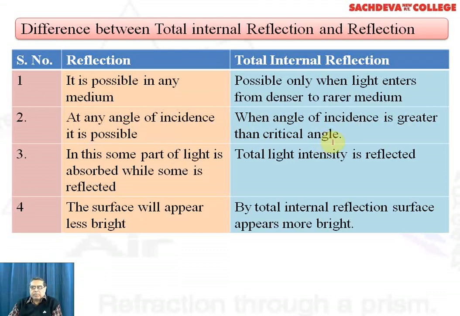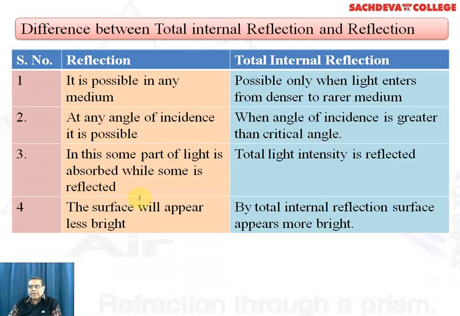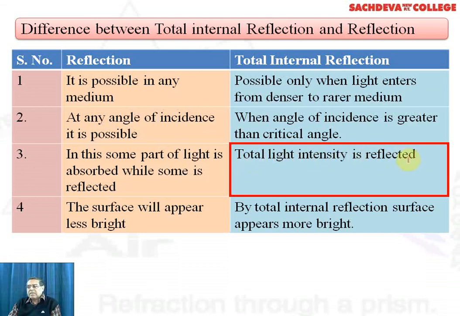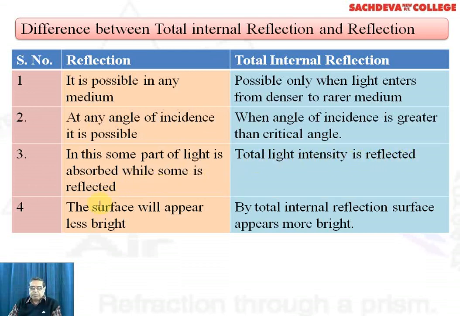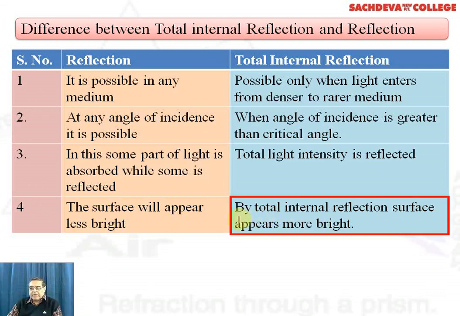Then, in the third point, in reflection some part of the light is absorbed, whereas some part is reflected. But in total internal reflection, the total intensity of light is reflected in the same medium. Then comes the fourth point: in reflection, the surface will appear less bright, whereas in total internal reflection, the surface appears more bright.